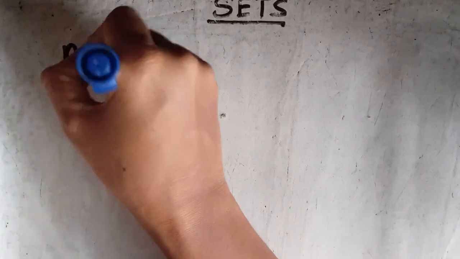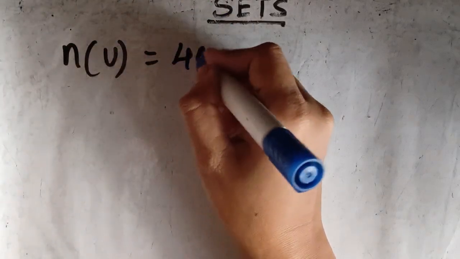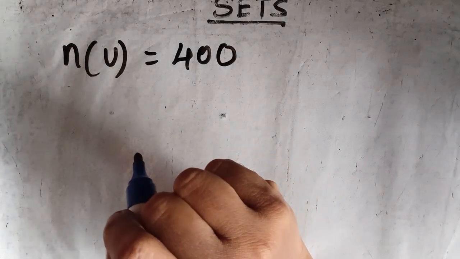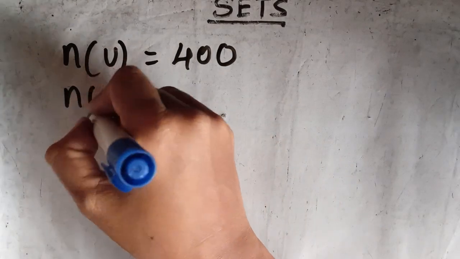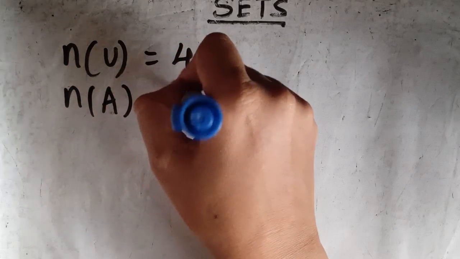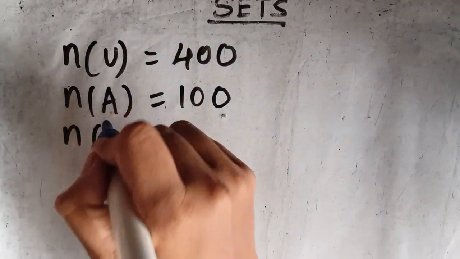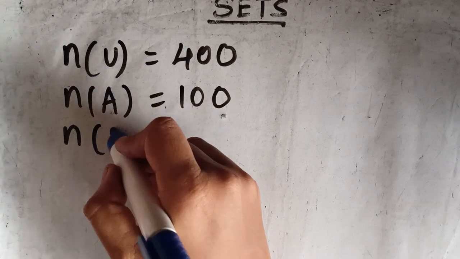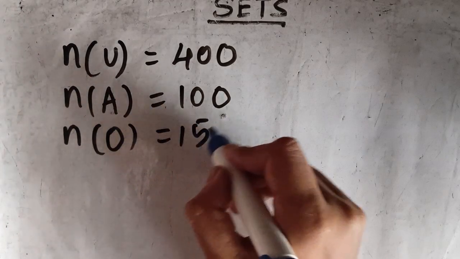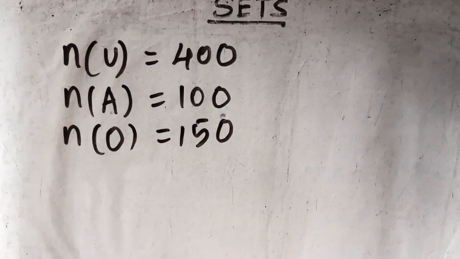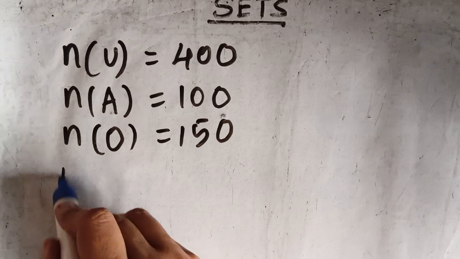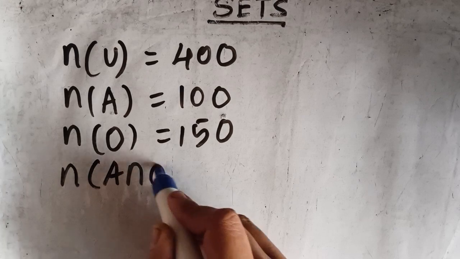So this is the number of students in the universal set, that is 400. 100 were listed as taking apple juice, so I'll write this as A. Then 150 as orange juice, I'll write this as O. Now 75 are listed as taking both apple as well as orange, so this is apple and orange, so this becomes your intersection.